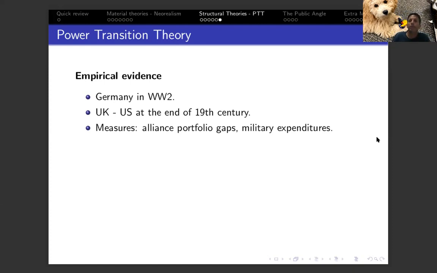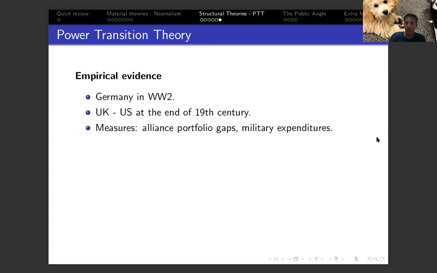One of them is looking at indicators such as alliance portfolio gaps. When there's asymmetry between the dominant state and the challenger in terms of the types of states they have in their own alliances, that might suggest different views of the global order, and that might mean war.